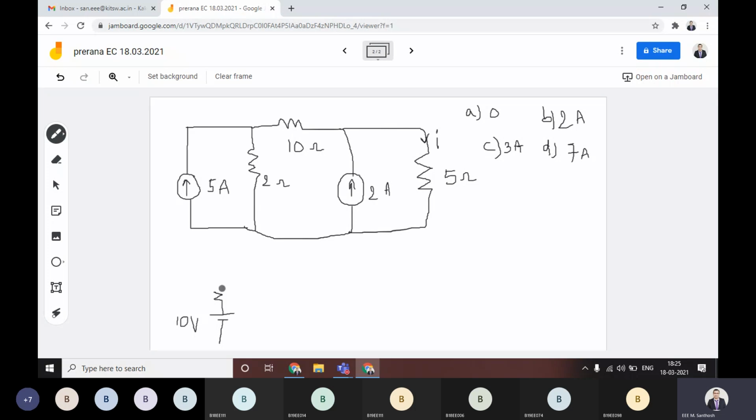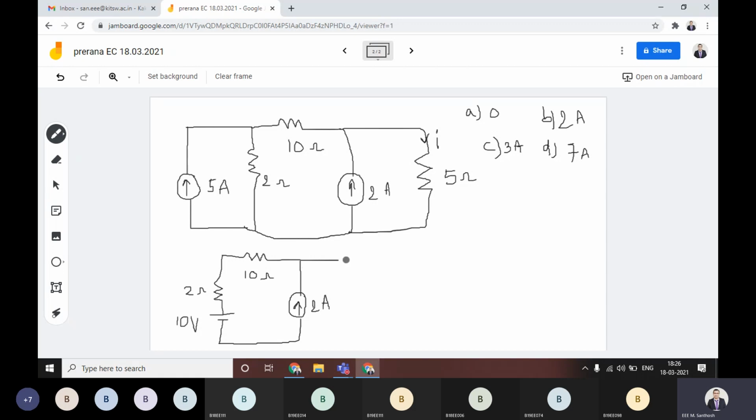Then 2 ohm is connected in series, and this is connected to 10 ohm. Okay, and we have 2 amperes, that is the current source.